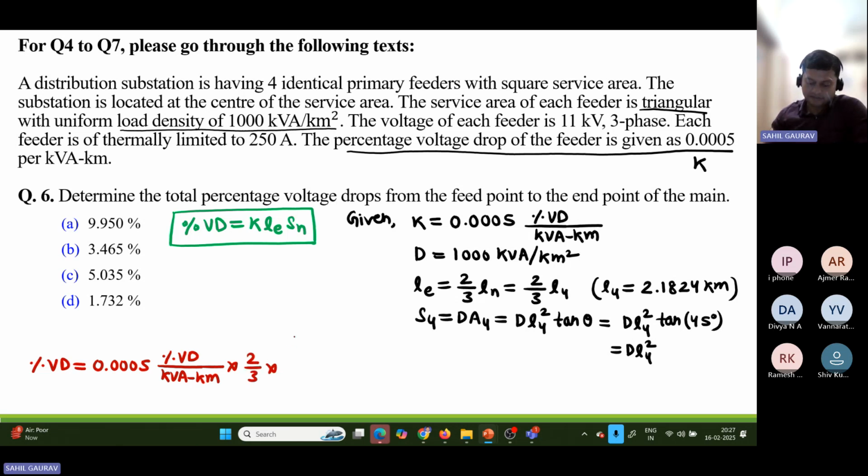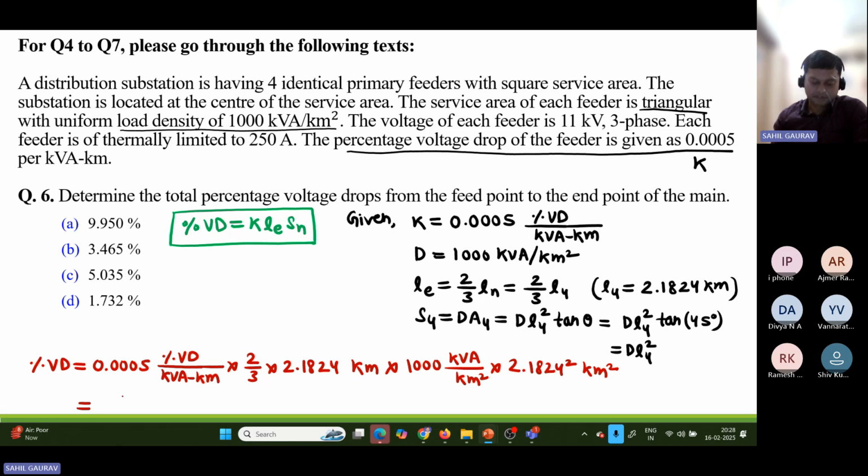L4 we have found 2.1824 kilometer, and then this S4 is coming as D into L4 square. So D is given as 1000 kVA per kilometer square, and L4 square is 2.1824 square kilometer square.